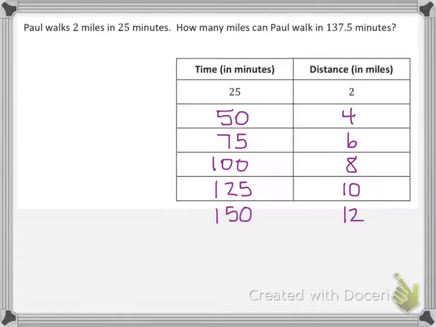So what I'd like to talk about is his distance, which is our y value, over our time, which is the x value. So if I take this first row, and I take my distance, 2, that's miles, over the time, 25, which is minutes, I get that ratio, comparing miles to minutes.